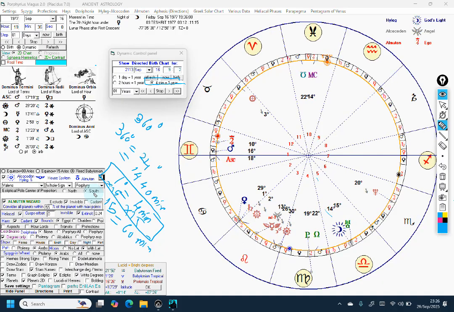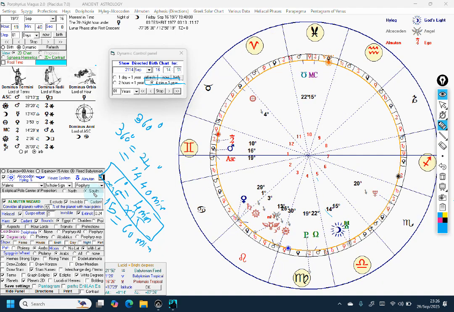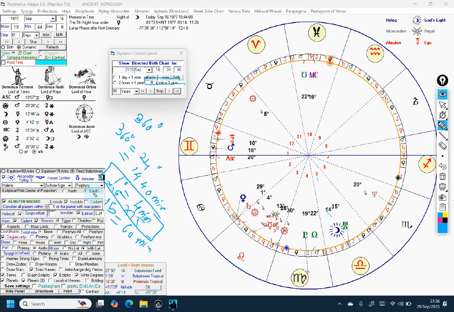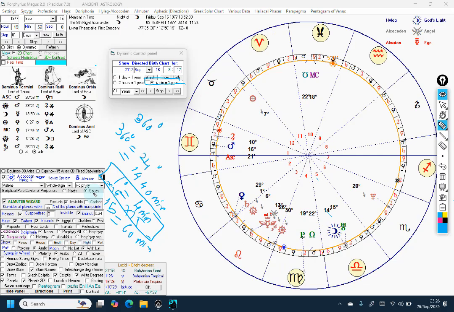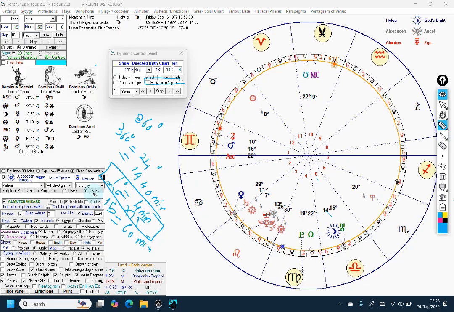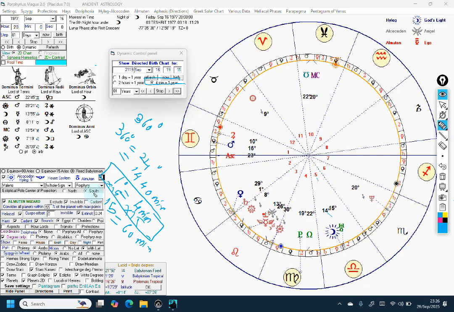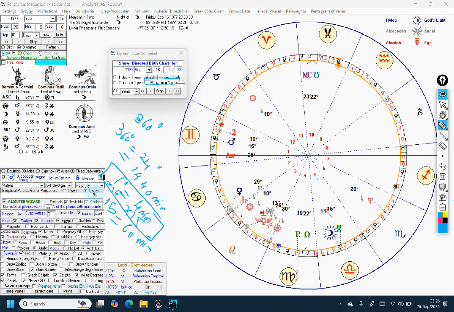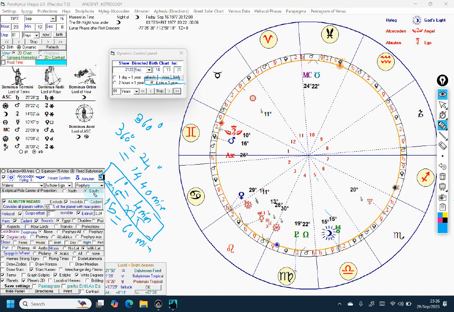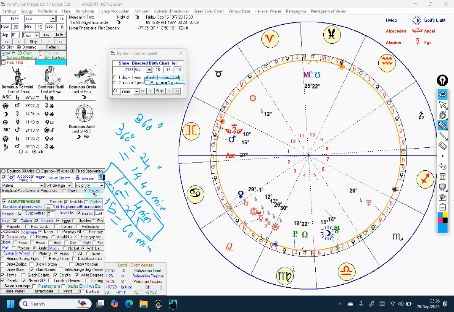For example, if somebody was born at say 2 p.m., by the time the clock moves to 3 p.m., the positions at that time are equivalent to 15 years of your life. And that chart, you will look at the interaction of that chart with the natal chart. That's where I'm talking about the moon being directed to a trine of Mars and that kind of stuff.